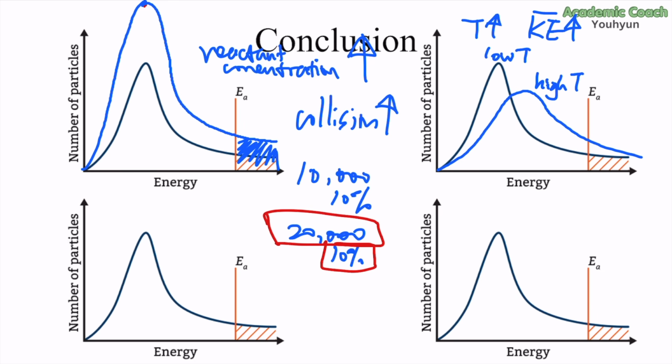And this means that when it comes to its right tail, the fraction of the particles that overcome activation energy increases. So originally, let's say only 5% of the particles have sufficient energy. And now at higher temperature, there are, let's say, 10%.